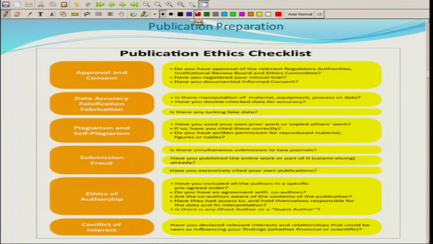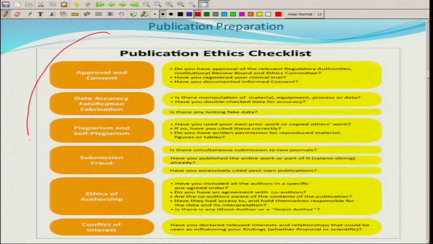In order to avoid these cases, ensure the standards, and we should ensure the ethics of authorship also, and then in the end there is conflict of interest. These things we have to avoid properly, that we should not have any conflict amongst the author, the reviewer, the editor, or any kind of conflict in terms of international or national agencies and approval committees. Okay, so there we have to check and ensure, because these are very necessary processes.